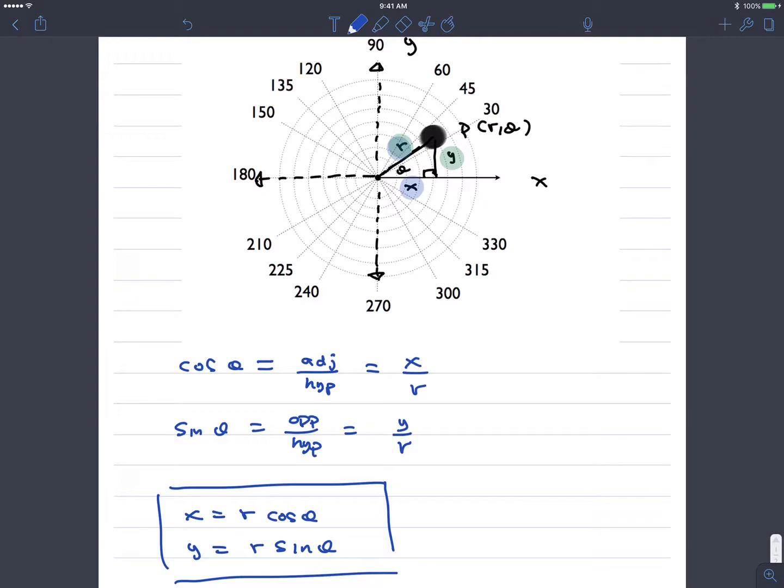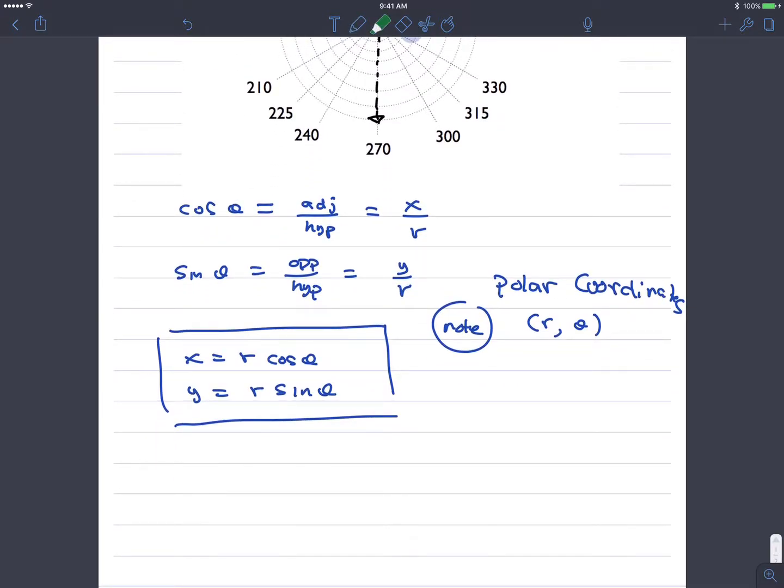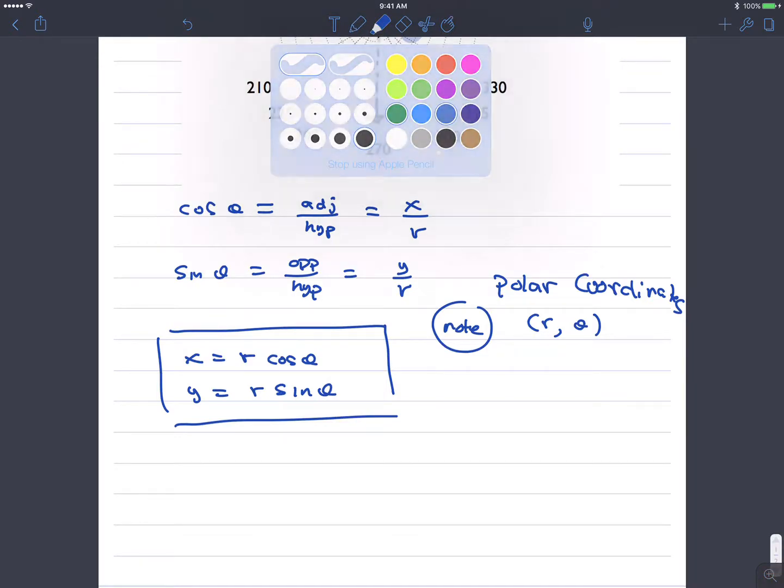Now notice something interesting about this idea. Note, if you give me a radius and an angle theta, if you give me a polar point, a point in polar coordinates, notice what I can do. These are polar coordinates. You give me an r and a theta. Here's my r value. Let me go here.